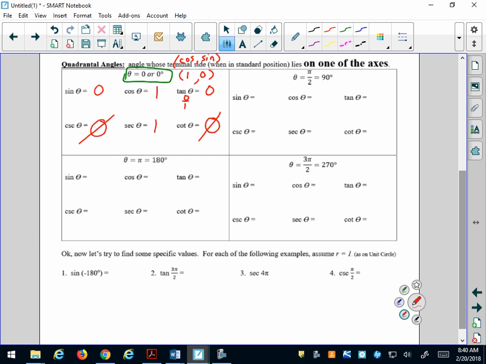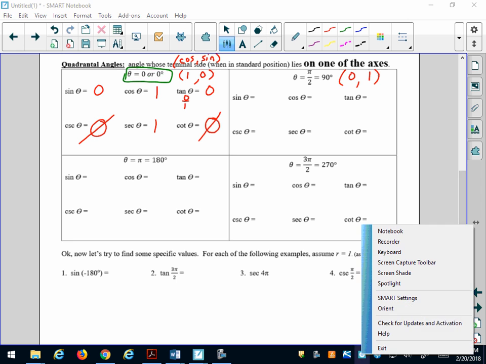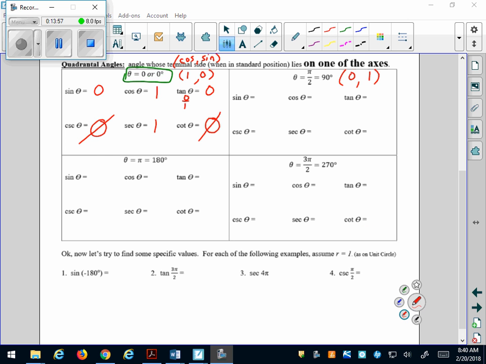Pi over 2, which is 90 degrees. What are the x and y coordinates of that? Over 0, up 1. Fill that box. Is that what you got? All right. So 180 degrees, what's the x, y of that?